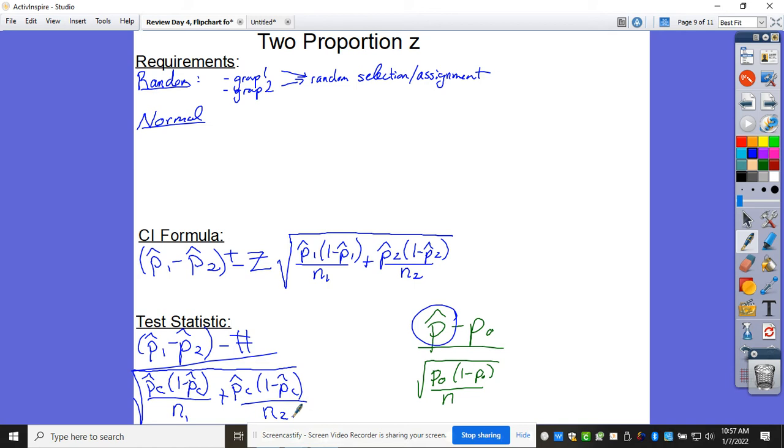Because this is actually not a p naught value, but the difference of two p naught values. So do I have the option of using n times p naught when I switch to two sample? Is p naught anywhere in either of these equations? No. So do I have to make the decision between p hat and p naught? No, because there is no p naught.